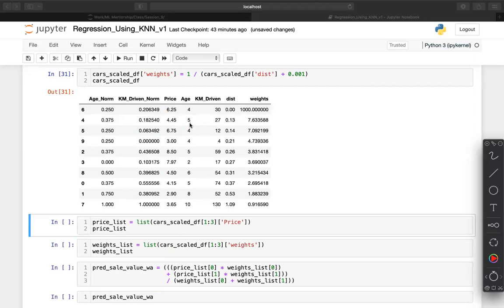Of course, if you have an exactly similar car with similar information, the weight is very high, so you can directly take this value and estimate that. Otherwise, these are the different weights. You can see the weights start reducing gradually because the distance starts increasing; they are inversely proportional.